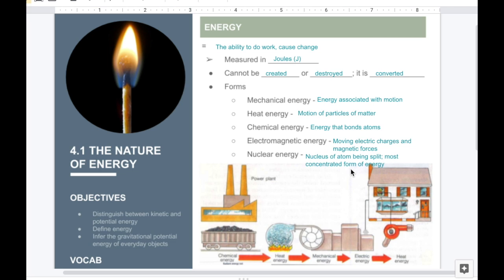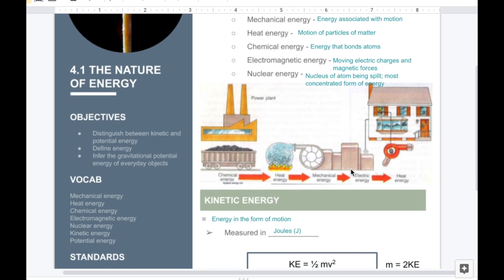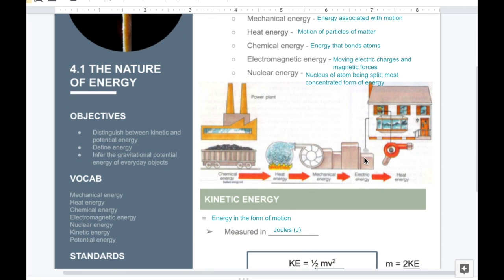If we look at this diagram, it talks through how the different forms of energy can be converted into different things. We have chemical energy, which is energy stored in the atoms of, in this case, coal.